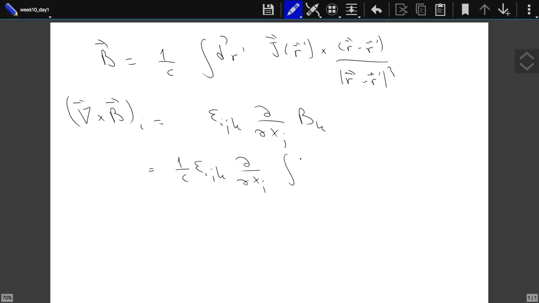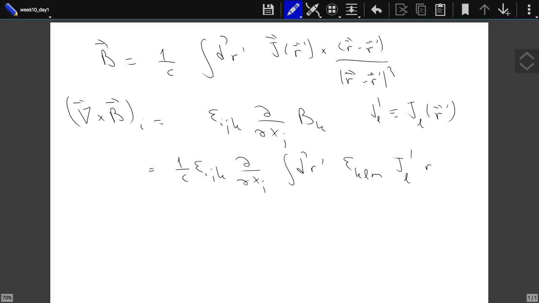Now here we have 1 over c, and B k is d cubed R prime epsilon k l m J l prime, where J l prime is J l at the point R prime. This is the notation I will be using.